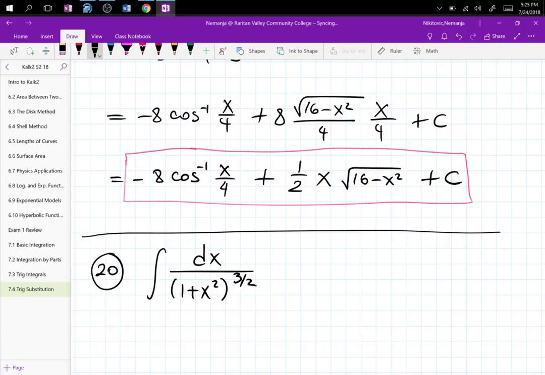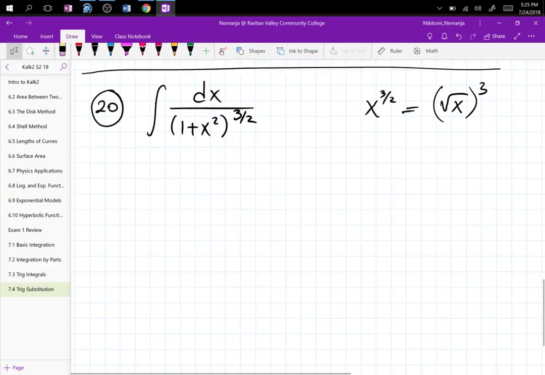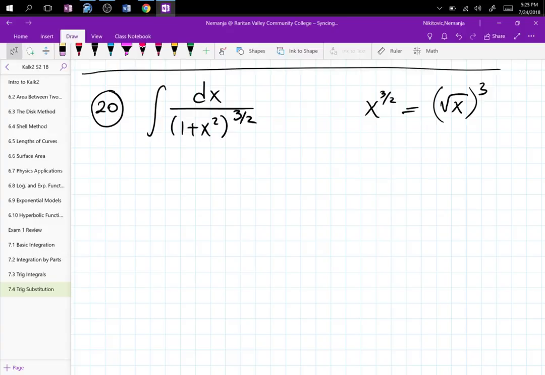When something is raised to 3/2, like x to the 3/2, that is the square root of x, everything cubed. This piece of algebra better be clear, otherwise you are gone in this section. So 1/2 is a root, and then you had the 3 in the numerator, that's going to be an exponent of 3. All right, so now that we are done with that, we go and we solve the problem.